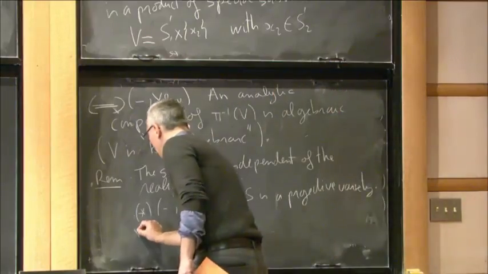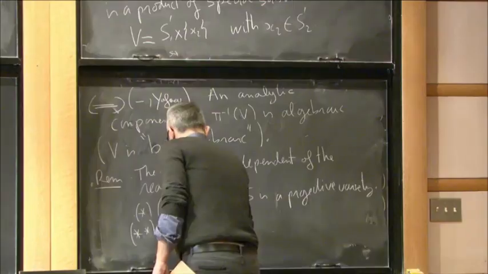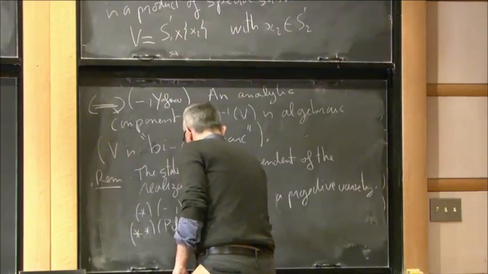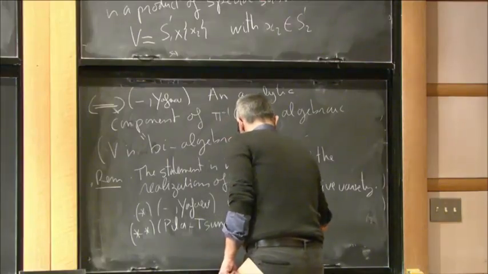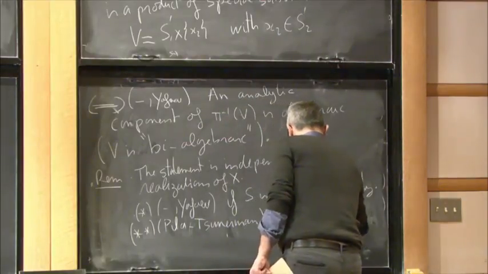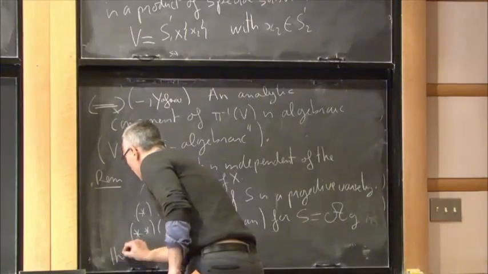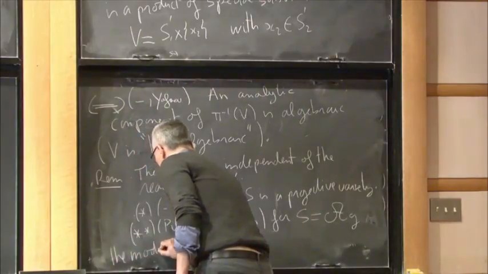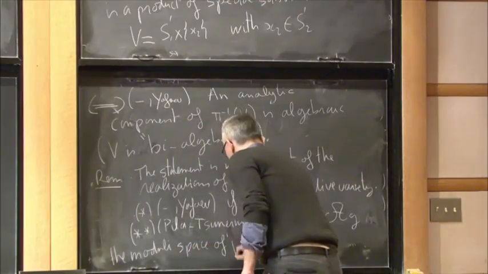And it was proved also by Pila and Zannier for S equals A_g, the moduli space of principally polarized abelian varieties.